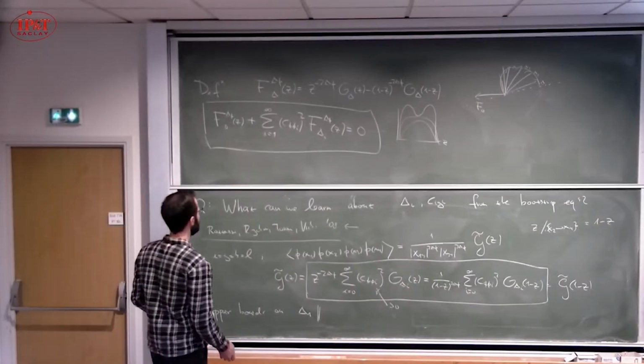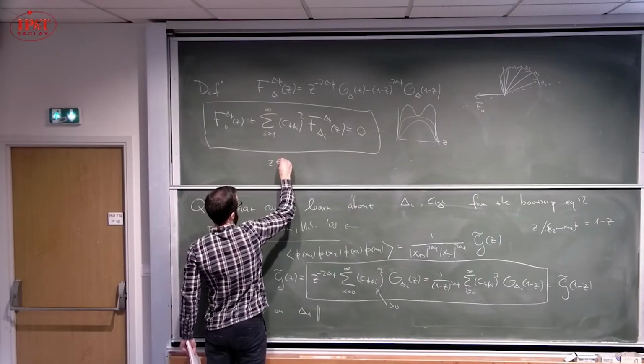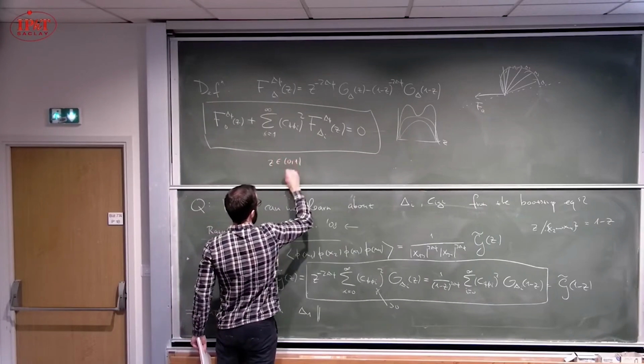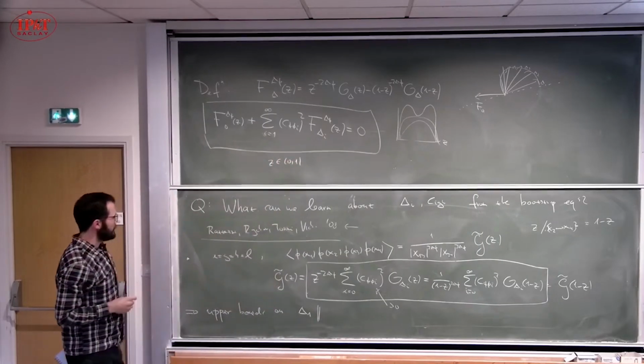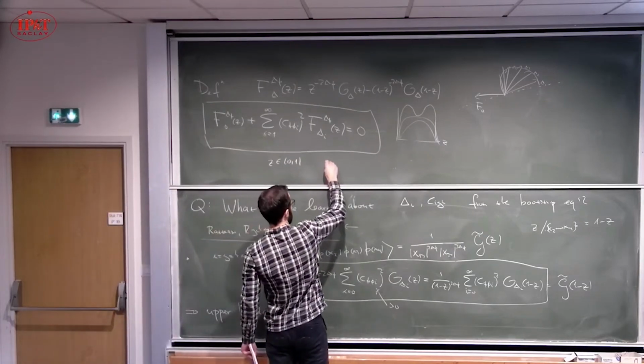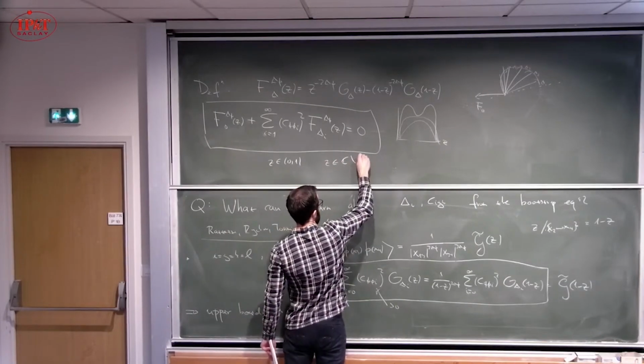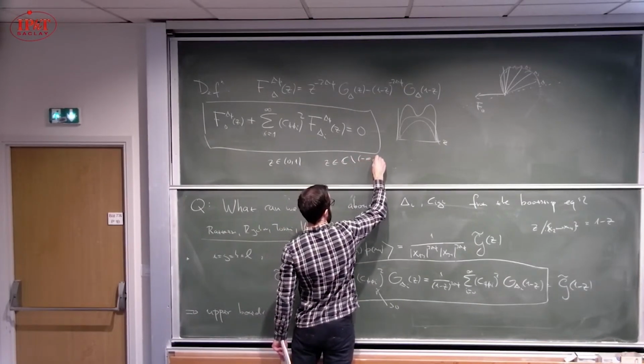So let's see what this is. In principle, this equation holds when z is real between 0 and 1, but in fact, it can be analytically continued, and it holds more generally when z is complex, away from two branch cuts, which are essentially the branch cuts of the conformal blocks.